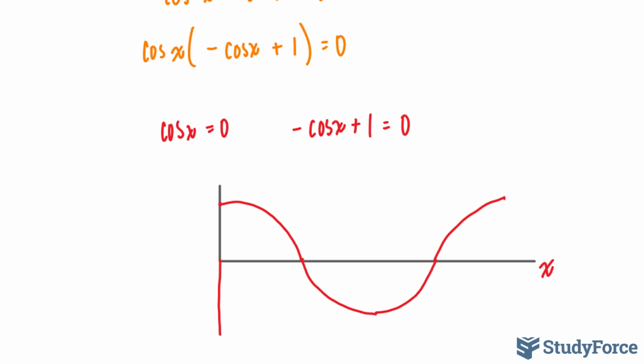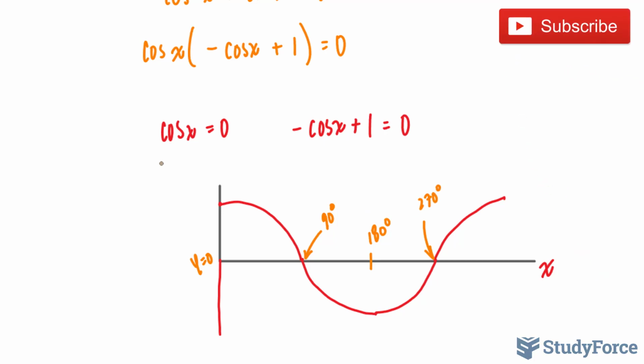This tells me that cosine x is 0 here and here. Notice that y is equal to 0 at this point. And in the midway point is 180 degrees. Therefore, this has to be 90 degrees and this has to be 270 degrees.